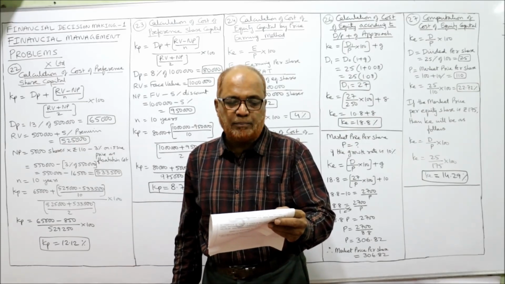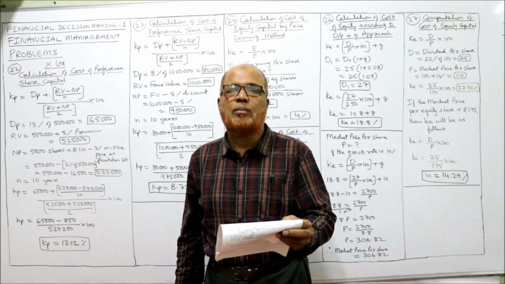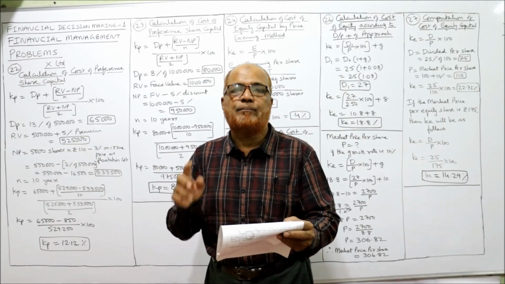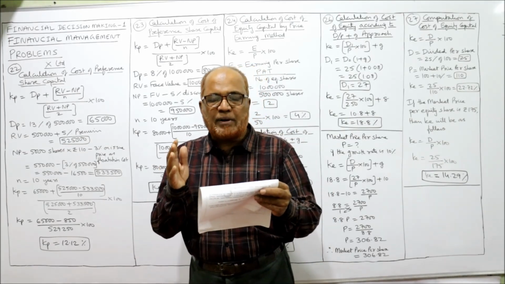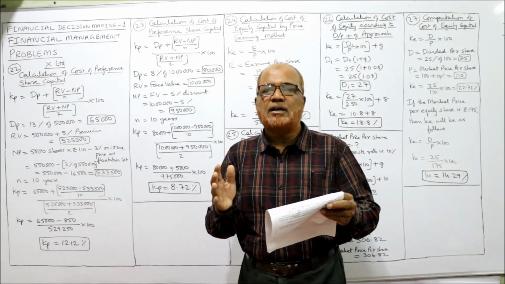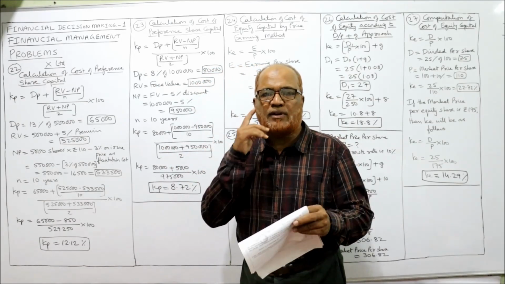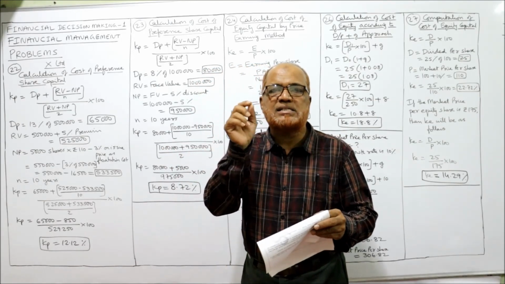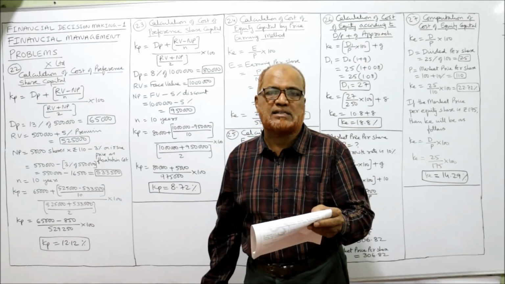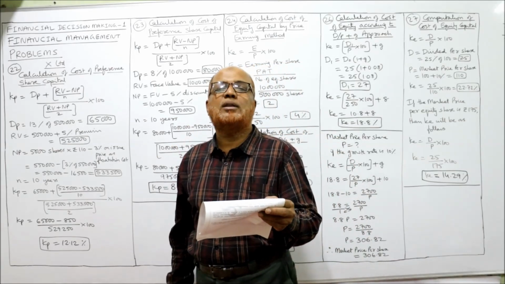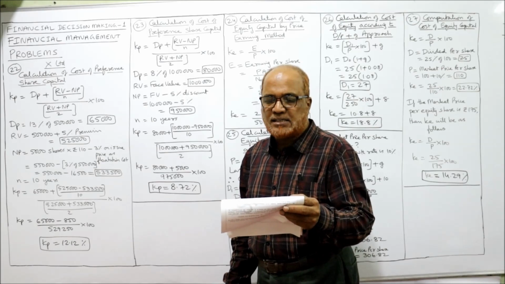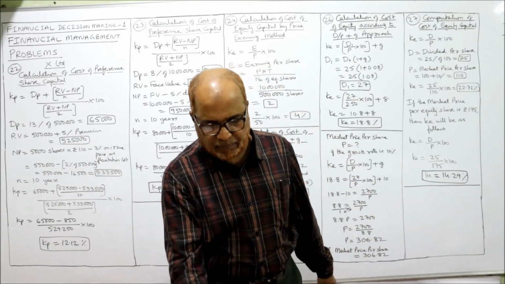Corporate tax rate 50%. Actually, we don't require the corporate tax rate for calculating KP, because for cost of preference capital there is nothing like before tax or after tax. Only for debentures, debt, we have to consider the tax rate. Here just ignore the corporate tax rate. Ascertain the cost of preference capital.